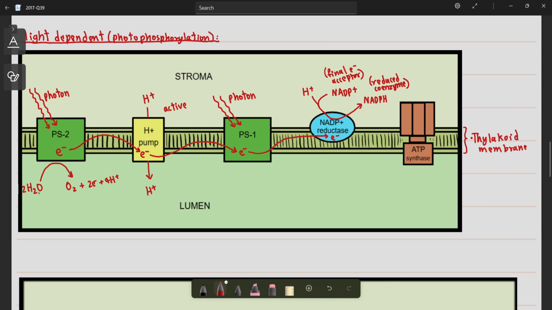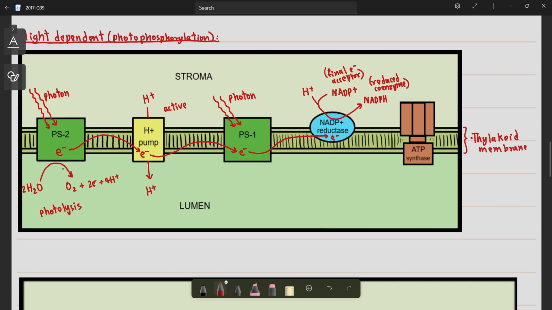So this is two water molecules producing these products. This process is known as photolysis, where the water molecule is split into oxygen, two electrons, and four protons.